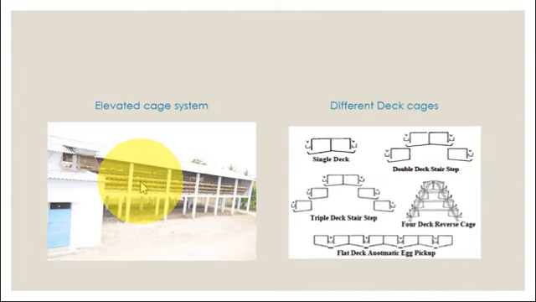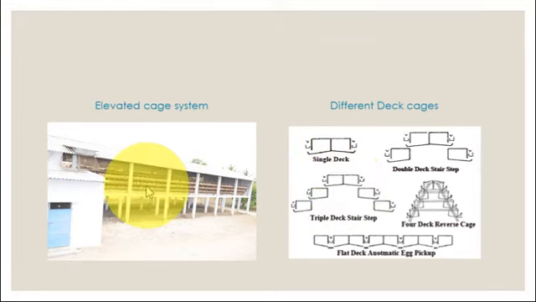Here you observe the cages are alternate, not overlapping one another. What does this facilitate? If the bird makes a dropping, it does not fall on the bird in the compartment below.